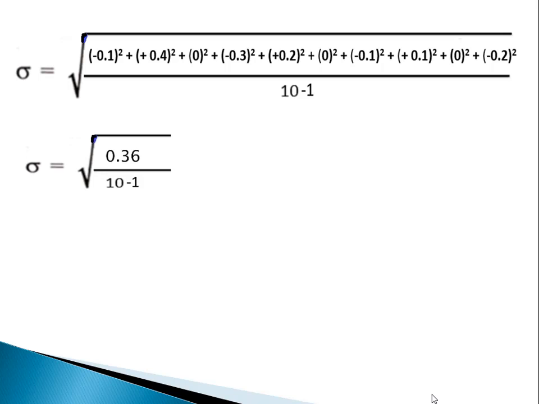After calculation, sigma becomes 0.2 ohm. That means the standard deviation sigma is equal to 0.2 ohm. This is how we should solve the term standard deviation for the given problem.